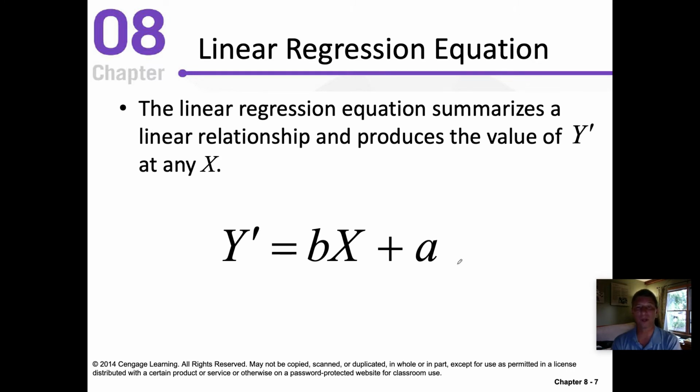This is the linear regression equation: y prime equals b times x plus a. It summarizes the linear relationship and produces the value of y prime at any value of x. So this is the predicted y.